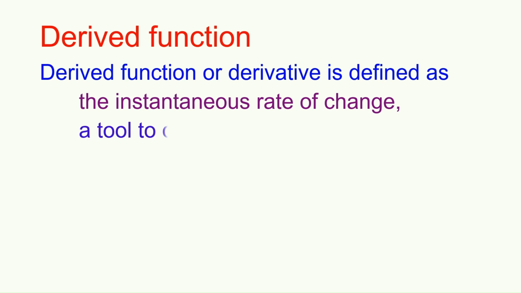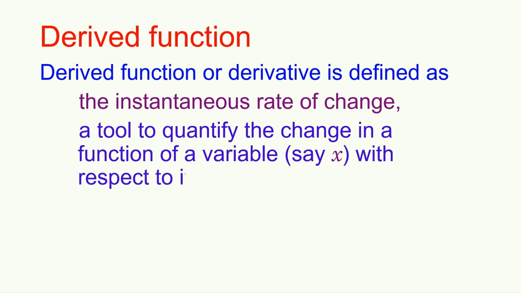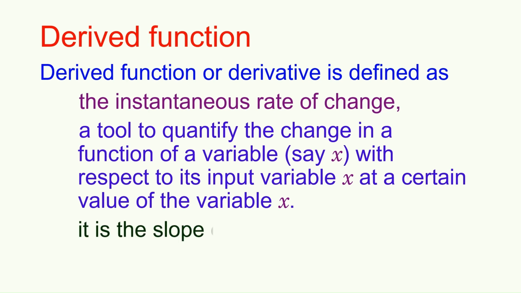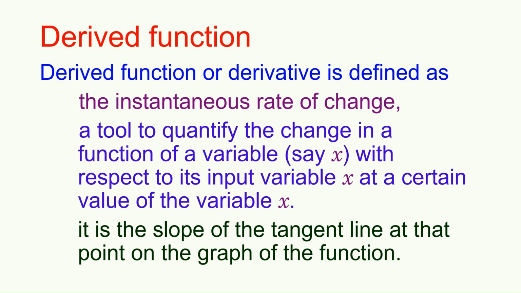Derived function is a tool to quantify the change in a function of a variable, say x, with respect to its input variable x at a certain value of the variable x. Derived function or derivative is the slope of the tangent line at that point on the graph of the function.